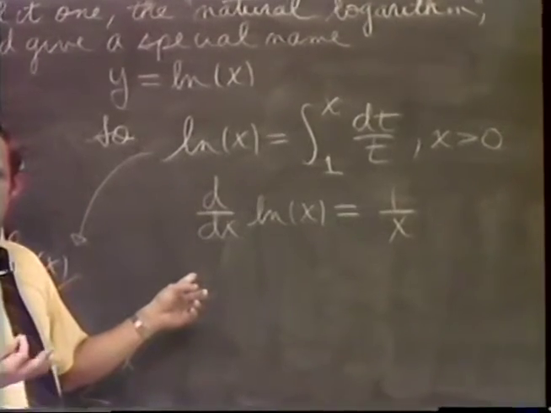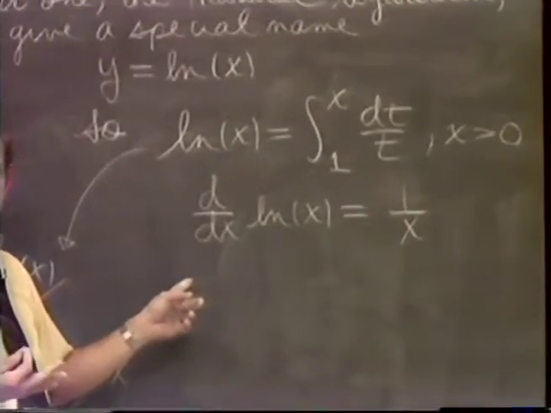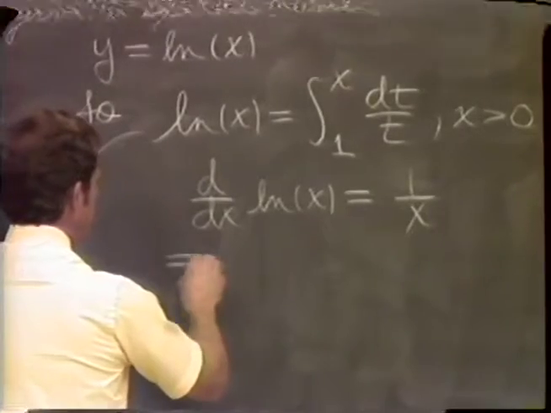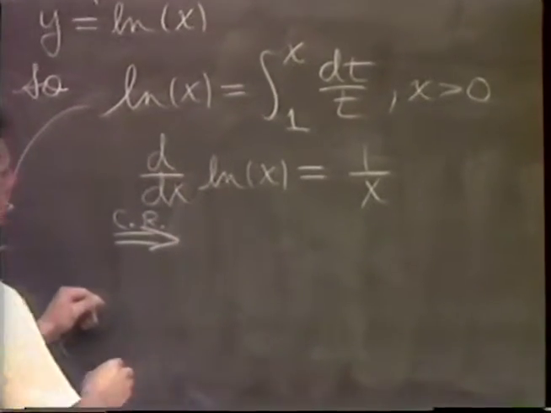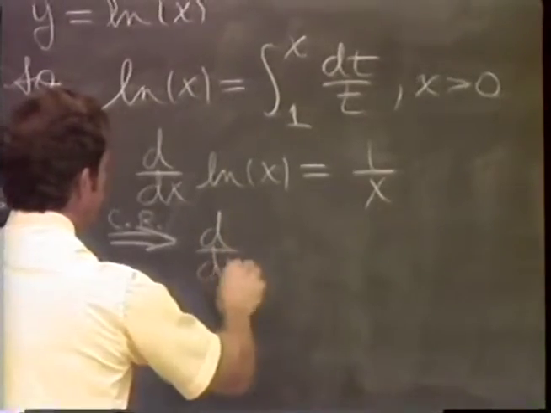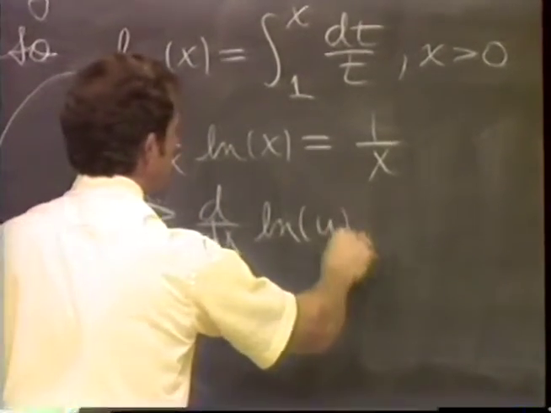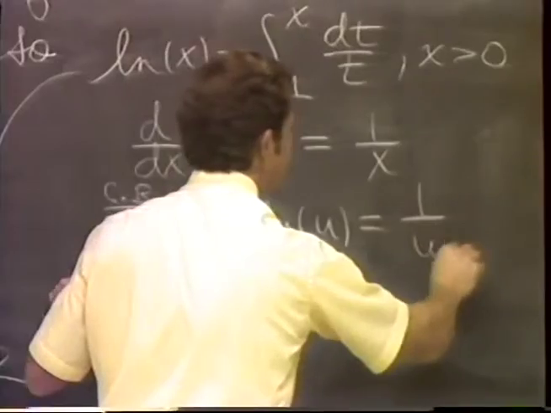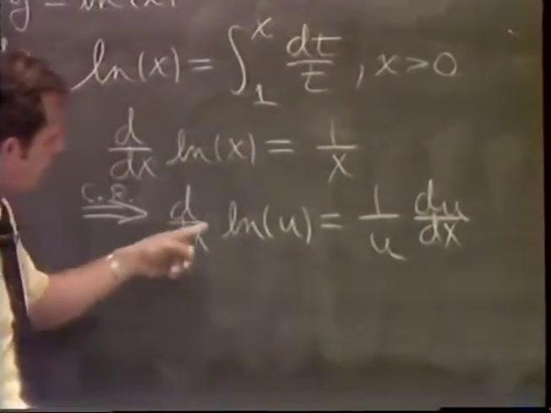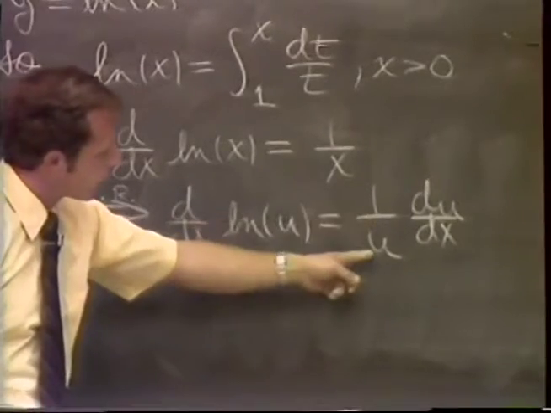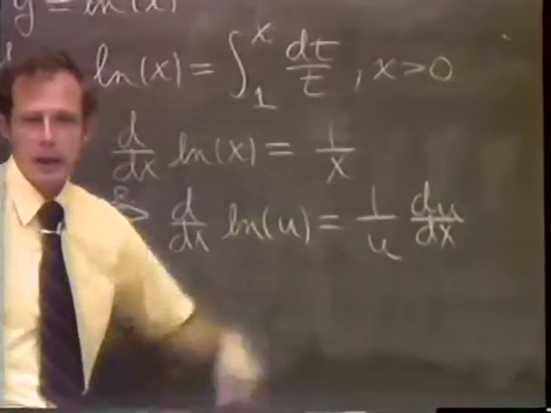If you throw in the chain rule, which always comes free of charge, I'll call it CR for chain rule, if you take the derivative of the log of some function, you get 1 over that function times du dx. That's the old d log u, which is 1 over u times du dx.